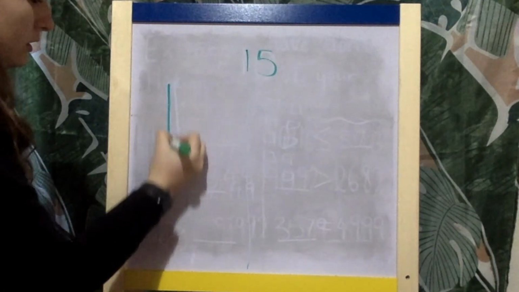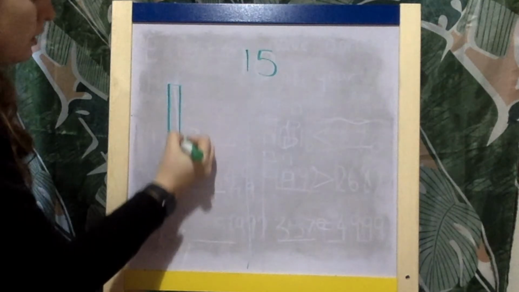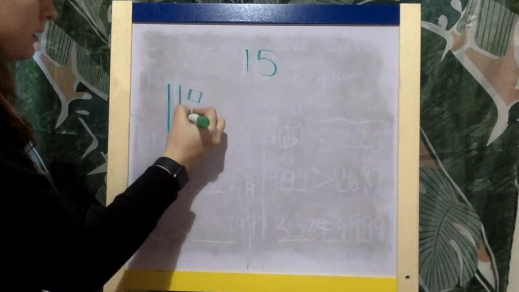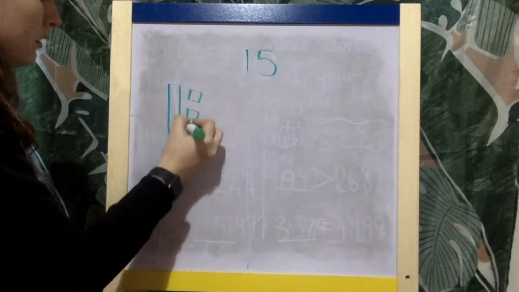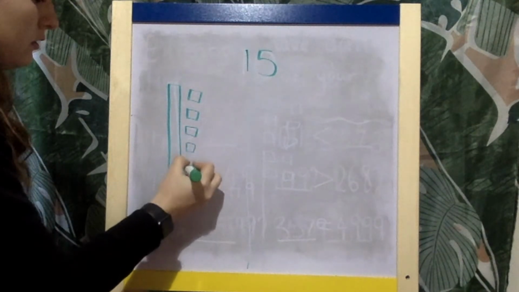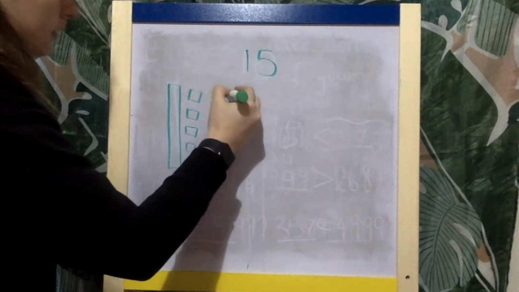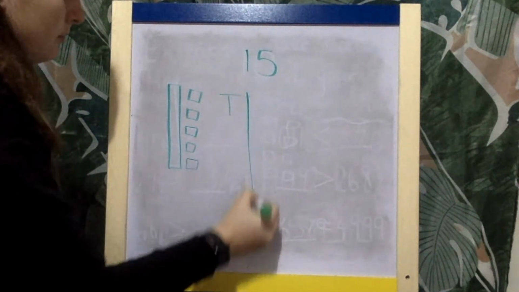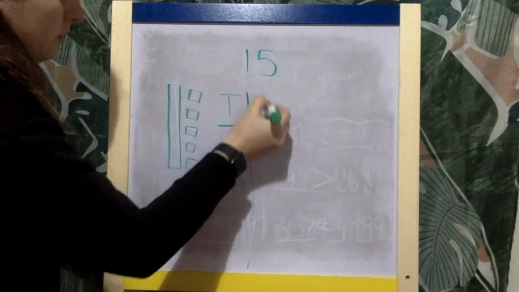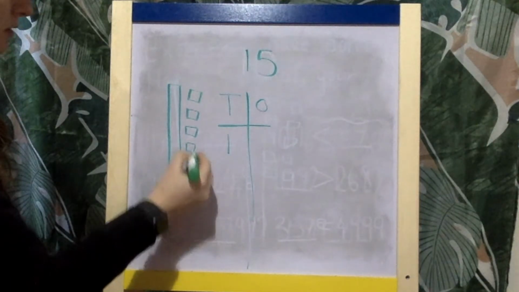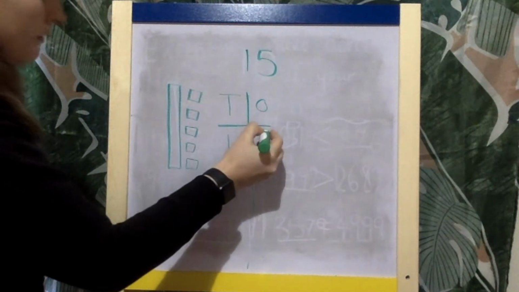We could use 1 10 and how many ones? And 5 ones. Let's show that in a table. We have 1 10 and 5 ones.